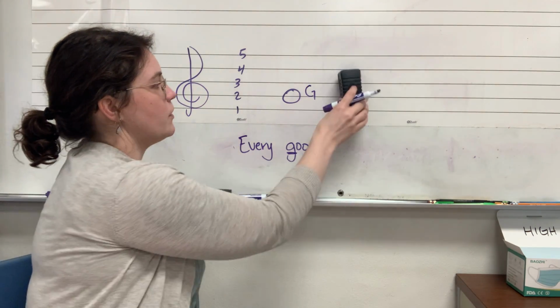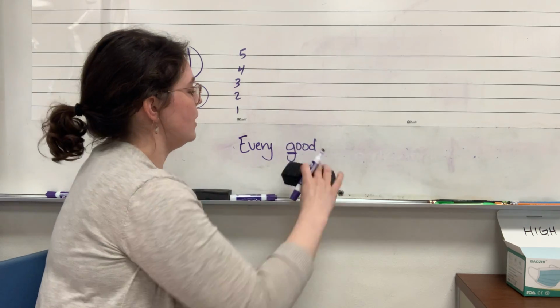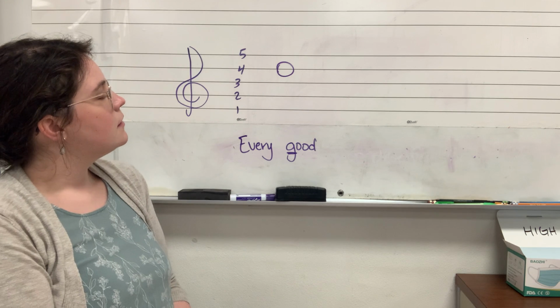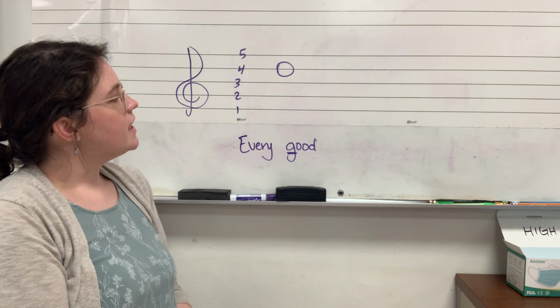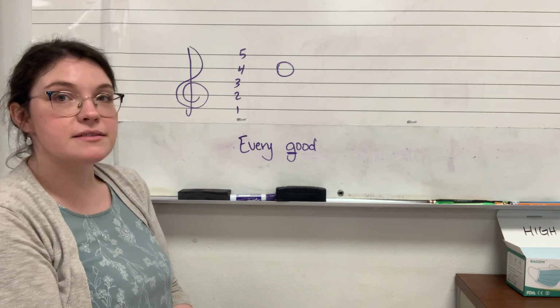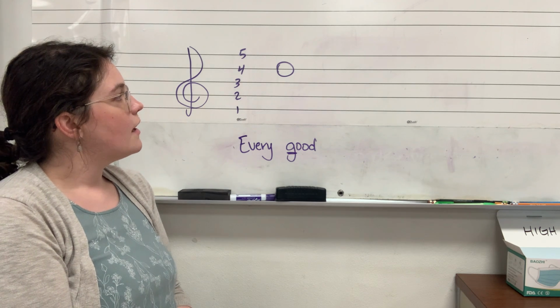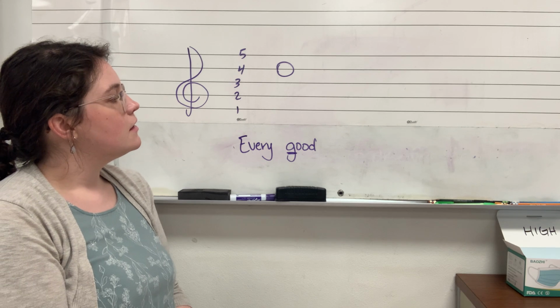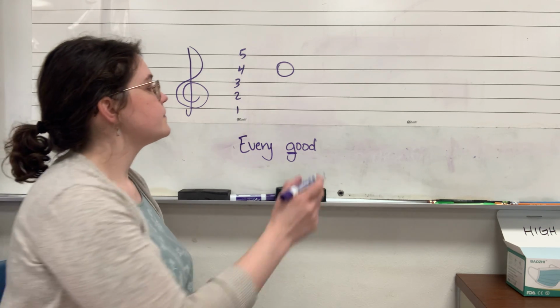Now, I'm going to write one and I'm going to give you a moment to think about it. So take a second and talk your way through that saying. Every good burger deserves fries. Which one do you think it is?